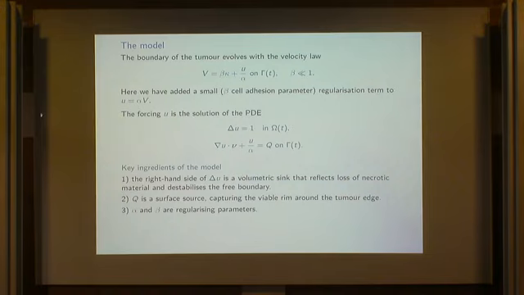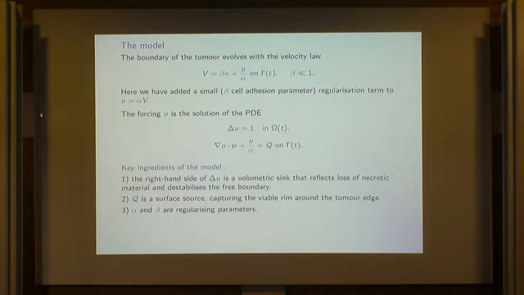And if you think about the morphology of this tumour growth and the patterns that you naturally see occurring in tumour growth, these instabilities come from the fact that if we look at this model, the right-hand side of our Laplacian of U equals 1 equation is a volumetric sink that, as we've established, reflects the loss of the necrotic material, and it destabilizes our free boundary gamma t.